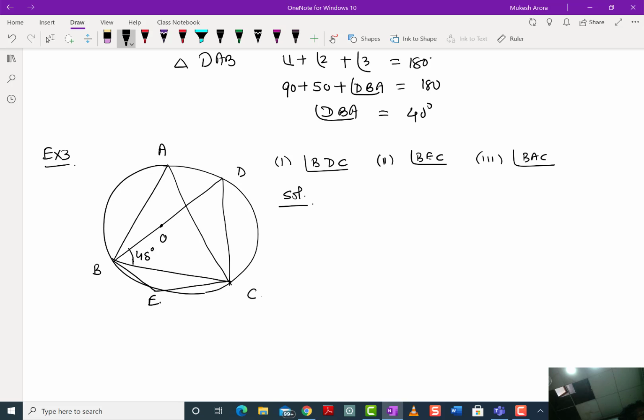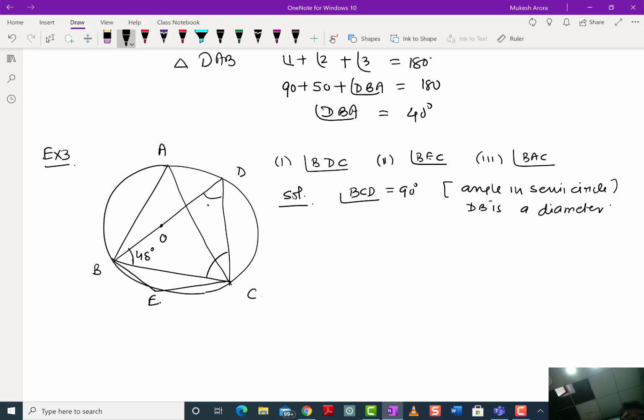Solution. Angle BCD is equal to 90 degrees, angle in a semicircle, because DB is a diameter.